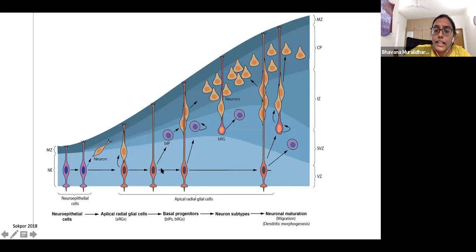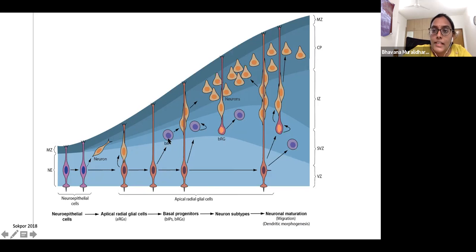And then these radial glia, whenever one gives rise to an apical radial glia, which is a progenitor, and a neuron, that is called direct neurogenesis. When directly these progenitors give rise to neurons, that's called direct neurogenesis. These apical radial glia can also give rise to another progenitor subtype called the basal intermediate progenitor.